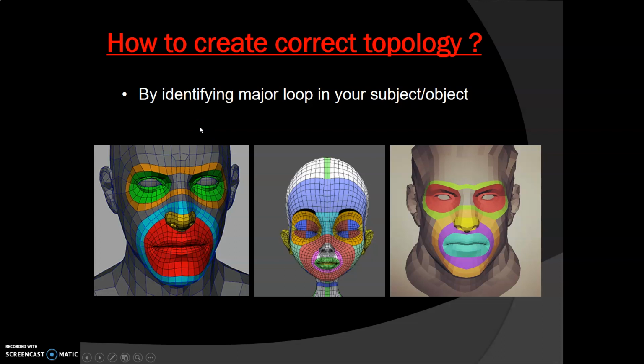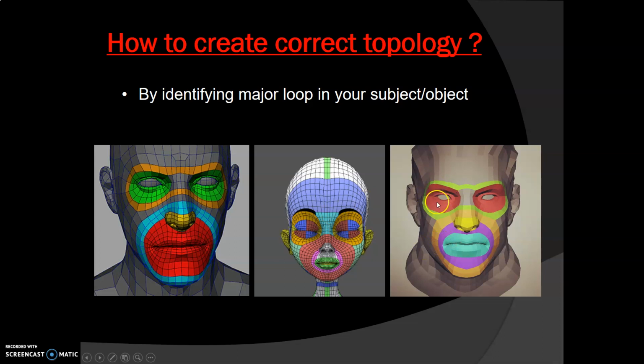Now, to identify the topology on the faces, it's pretty simple. We usually have three major loops. If you look at this picture, you have one right here, one around the eye, and one around the cheek area and the mouth.